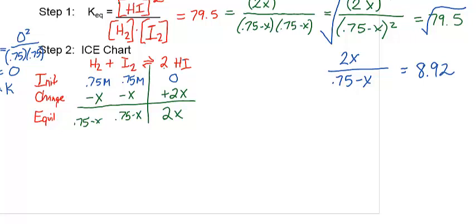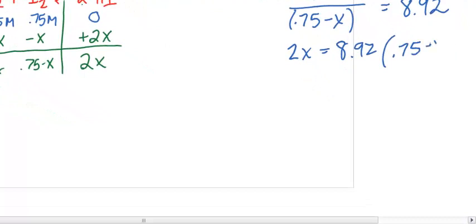From here on out, folks, it's just algebra, and so you'll multiply both sides by this probably, so you'll get 2x equals 8.92 times 0.75 minus x, and then maybe distribute the 8.92 in. You'll get 6.687. It is better to keep more numbers rather than cutting it off early.